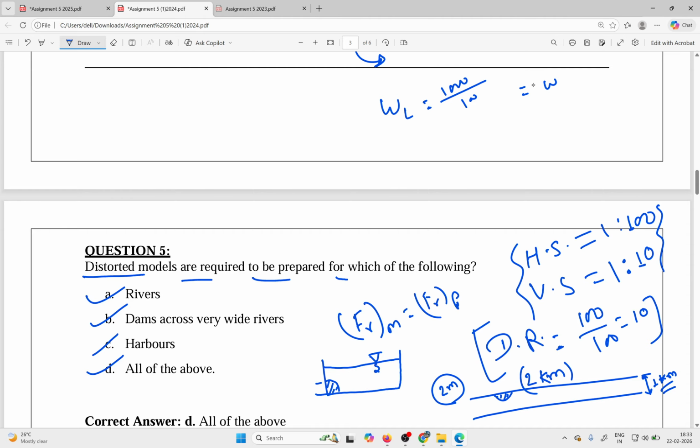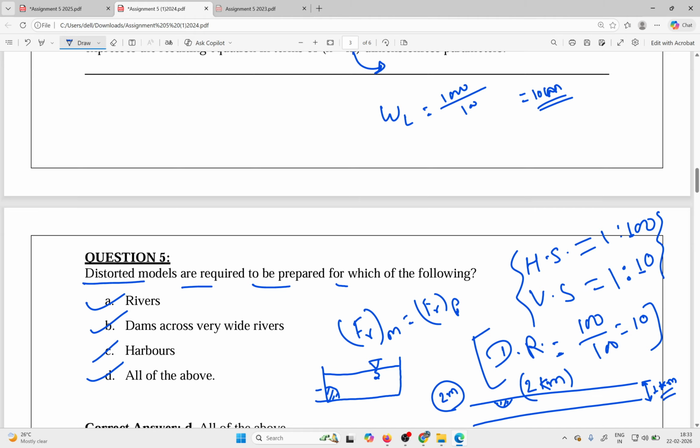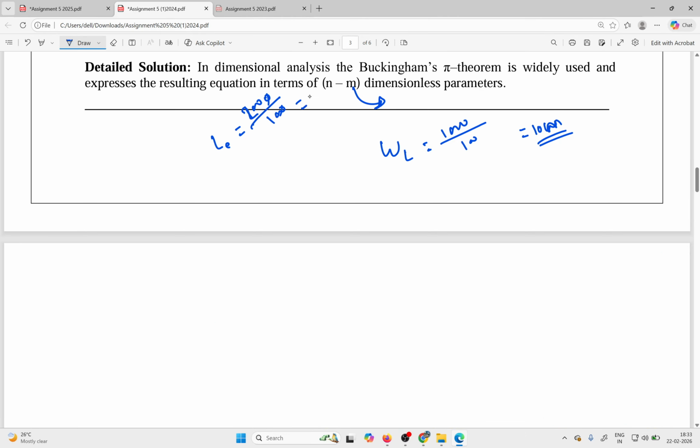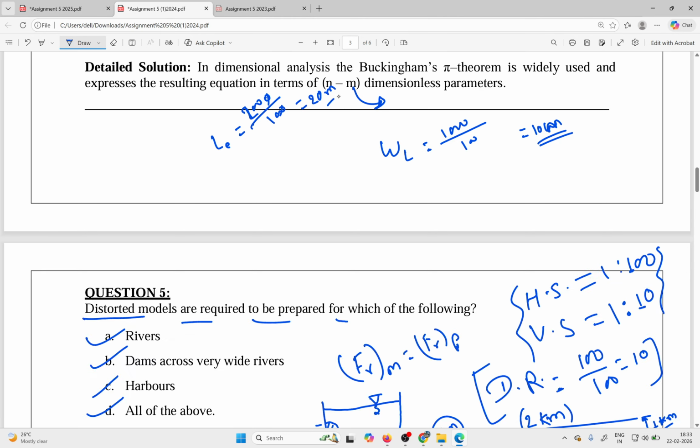For the length, 2000 divided by 100, so you need a 20 meter length.